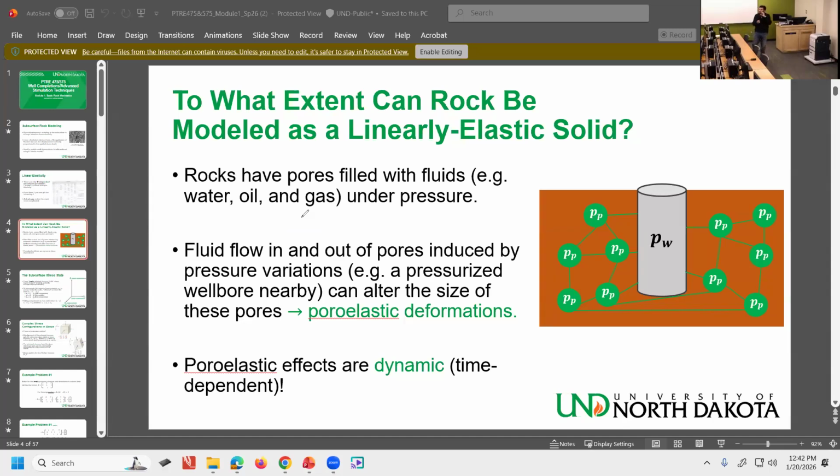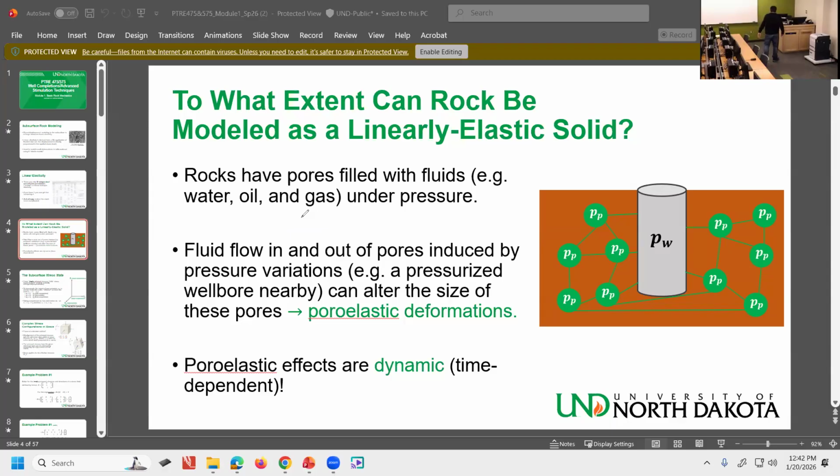The bigger the pressure of the fluid inside the pores, the bigger the pore will be. This change in the size, and sometimes the shape, is what we call poroelasticity.